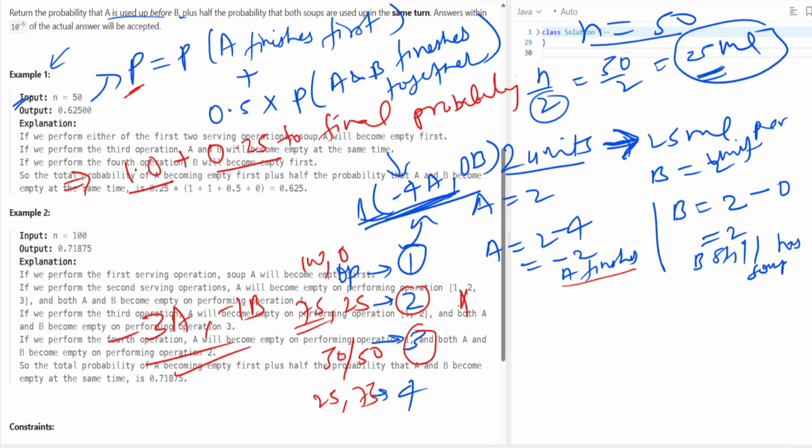A was 2, we take minus 3, we will get minus 1. Means A again finishes. For B, what will happen? 2 minus 1 is 1, still left, not finished. So it will contribute again here. It will take 1.0 plus 0.25 again.